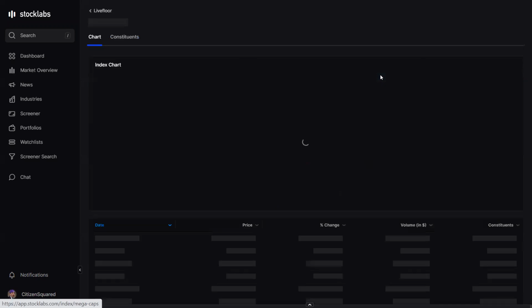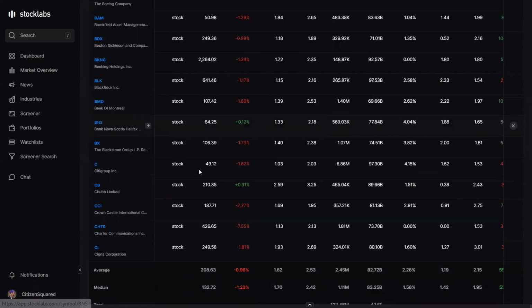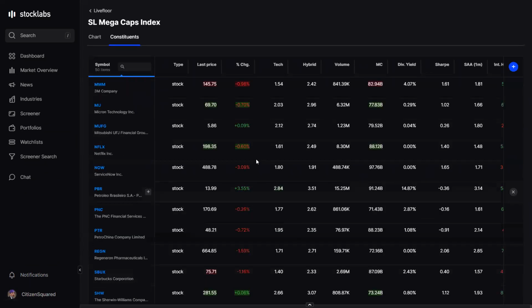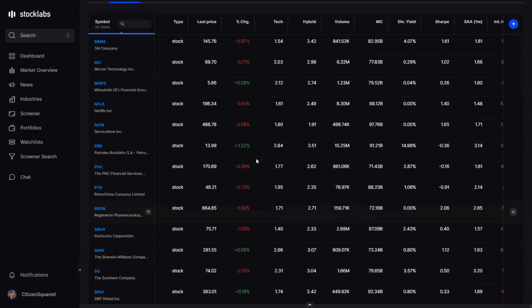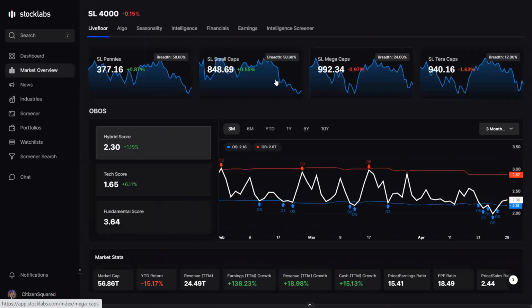Now, if you click on any one of these, you can pull up the actual constituents that make up this index. A lot of them, for something like mega caps, will stay the same most days, but they will shuffle around if things don't meet the parameters for being in the index. So the same thing for all of these.